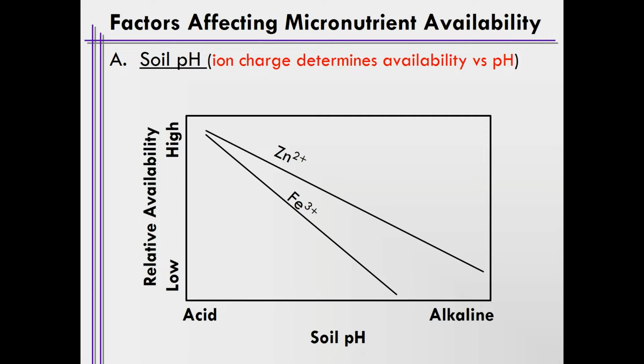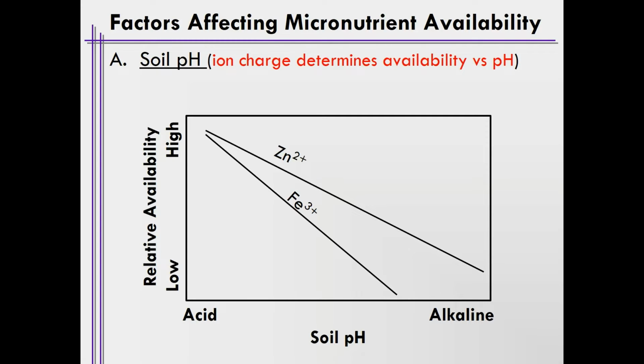And if you look at the figure, the two lines that I drew within this figure are drawn that way for a reason, because the charge of each individual ion affects the availability as a function of pH. So what do I mean by that? For every 1 unit pH increase on the x-axis, zinc availability for plants decreases a certain way.